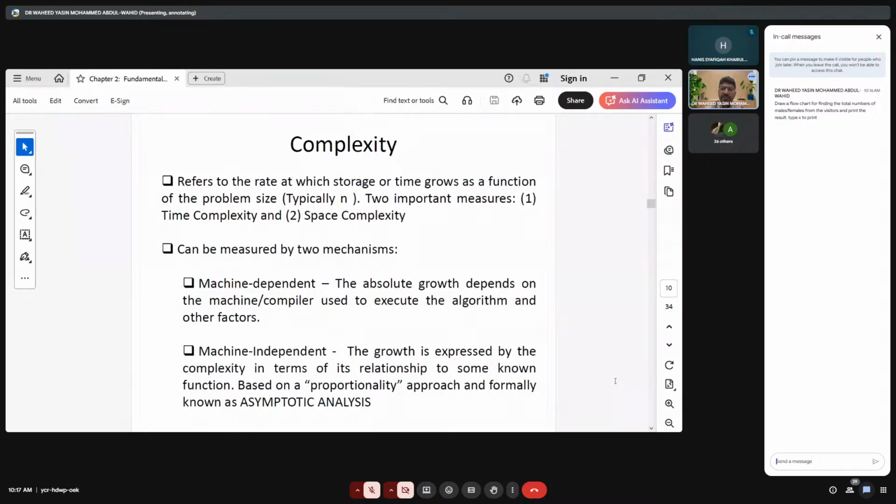Type X to print the result. So you have to type the letter X to print.